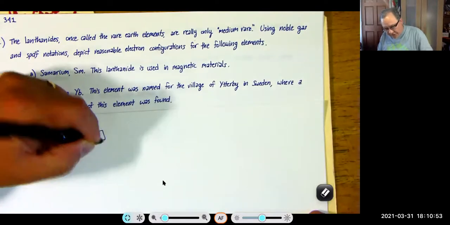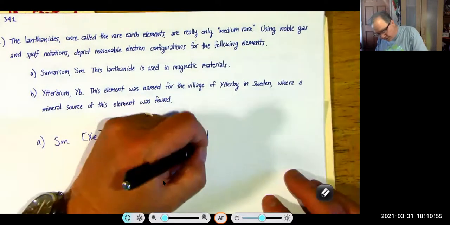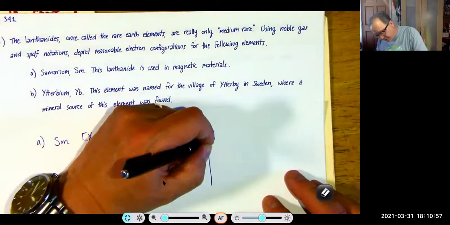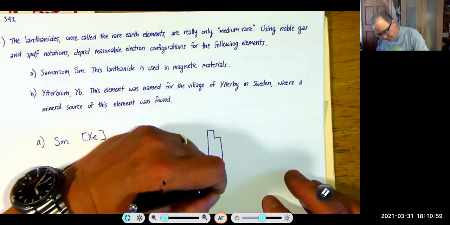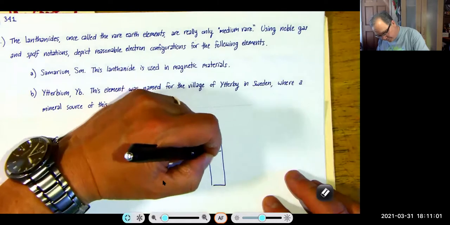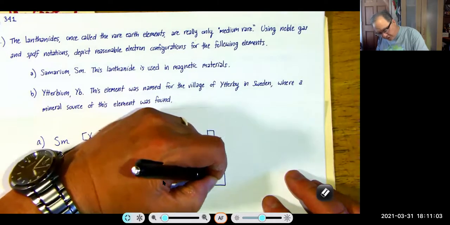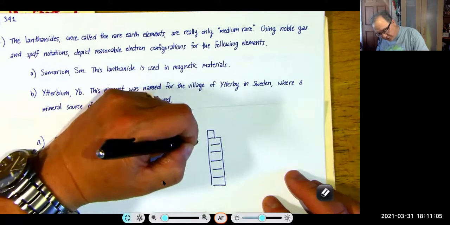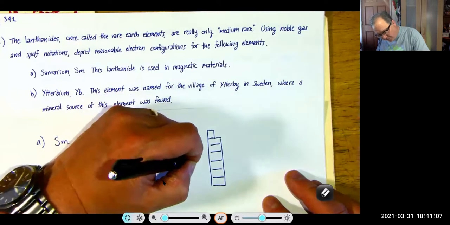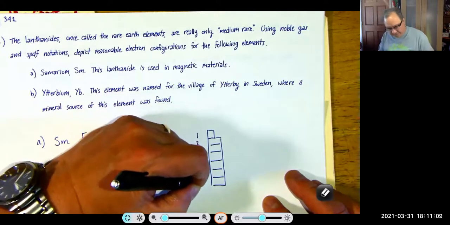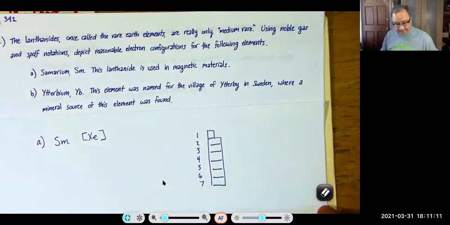Then I'm going to draw the periodic table so that it will help us out. So this is 1, 2, 3, 4, 5, 6, 7 for the periods.